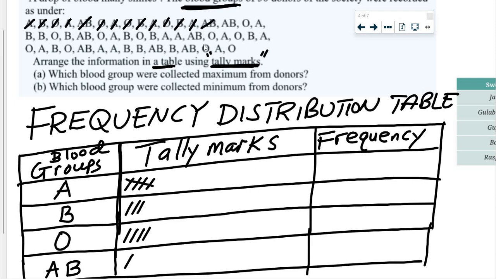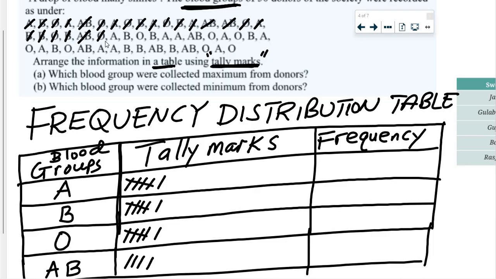Then you continue. AB, AB, AB again, AB. O has 4 here, so make a bundle of 5. A, B, B. Again, B has 4, so make a bundle of 5. Then continue. O, B, B, AB, AB.